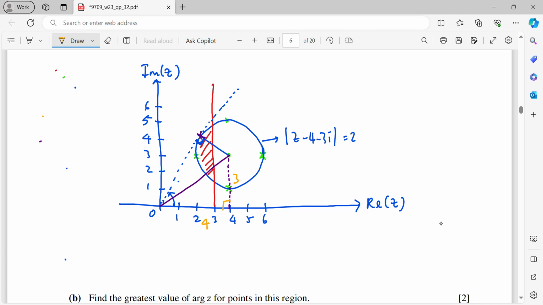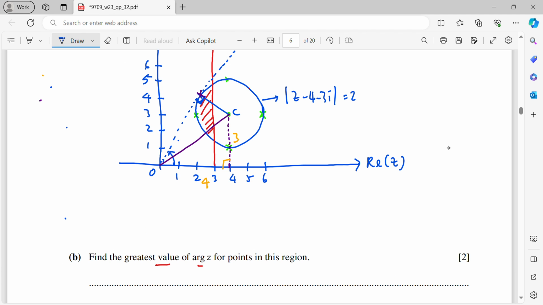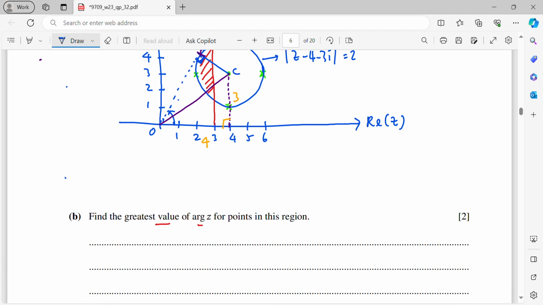Let's say the center is C. Now the length OC can be found using Pythagoras theorem. That is the hypotenuse, so it's the square root of 3 squared plus 4 squared, which gives 5.